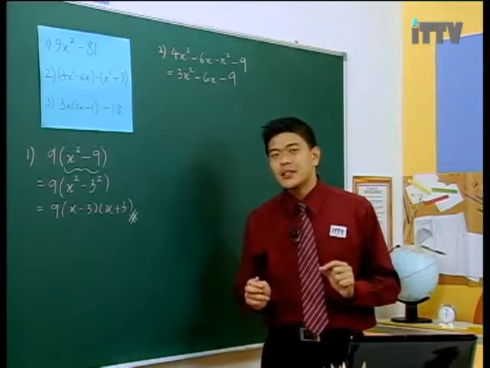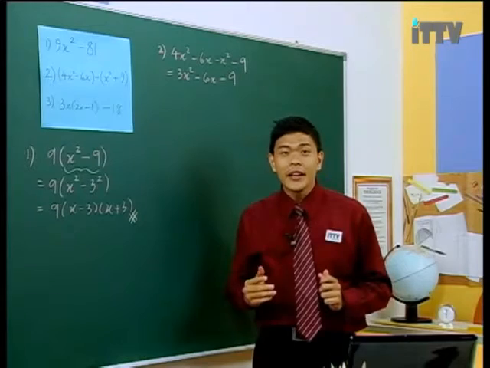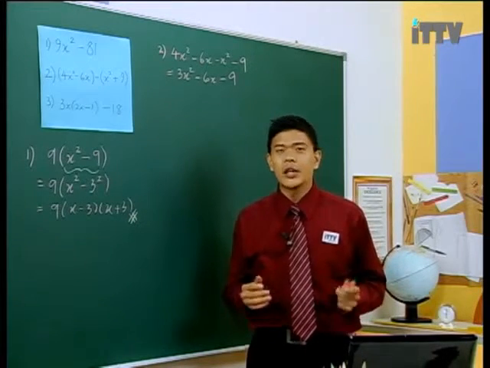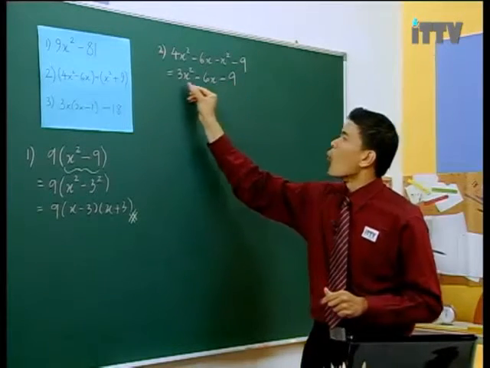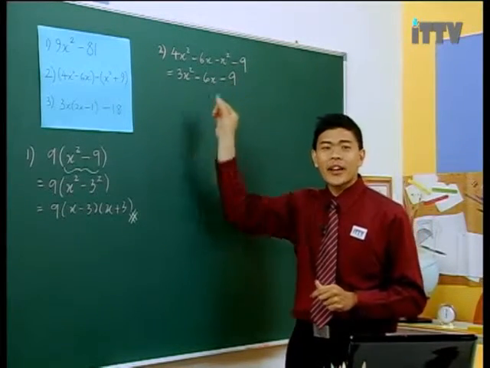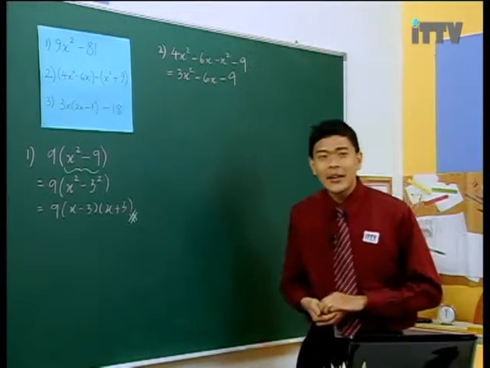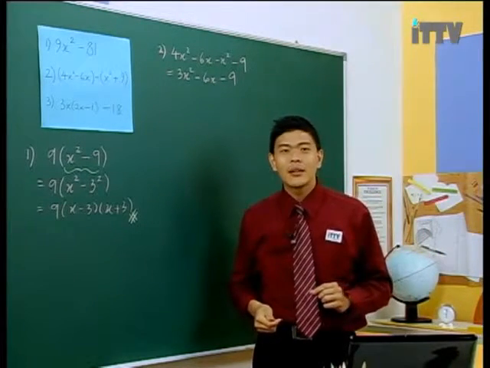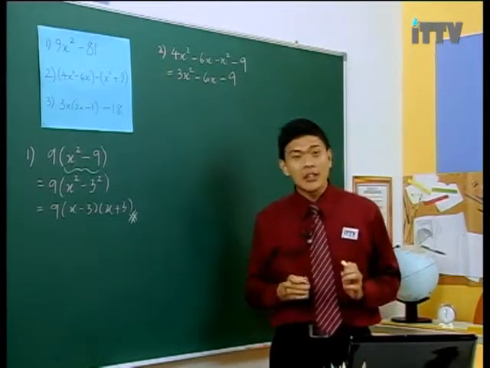Alright, but do not factorize yet by using the 5-step method that we learned in case 4 previously. Why? Because look at the 3 terms. What is the common factor of 3x², 6x and 9? I bet you can tell me. It is 3, because every term can be divided by 3.